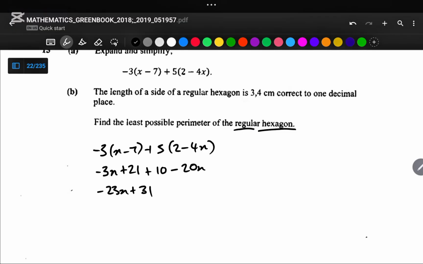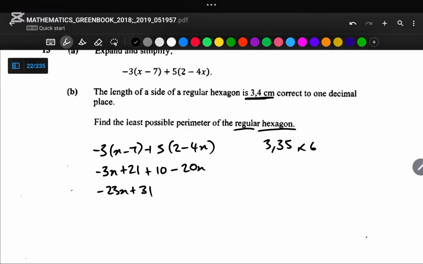So we are required to give the least possible perimeter, given that this is the length when it is rounded to one decimal place. So the least possible length of this regular hexagon is 3.35. Why 3.35? Because if we round this to the nearest decimal, it becomes 3.4. Any number below 3.35, if we round that number, it will be 3.3, not 3.4. So the least possible length is 3.35, and then we multiply that by 6.